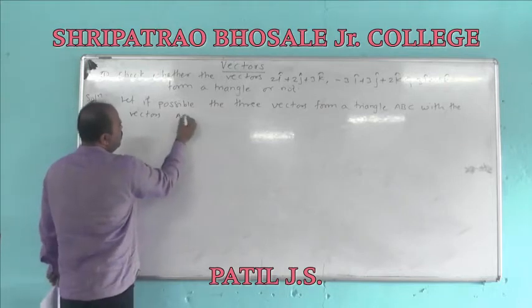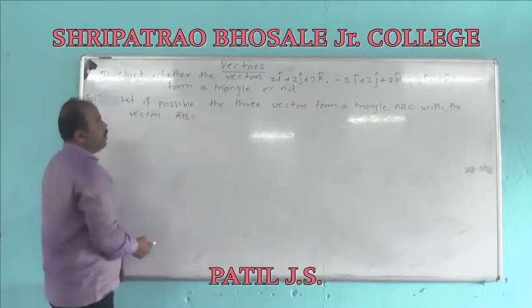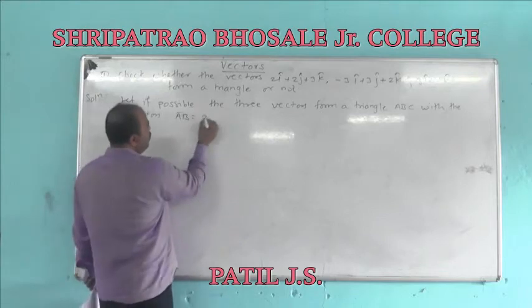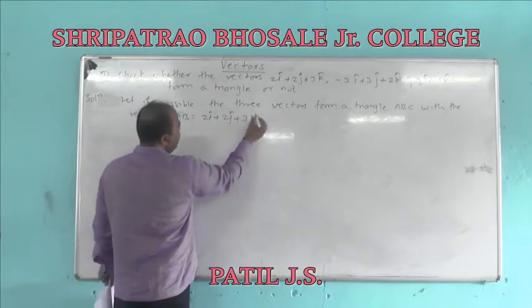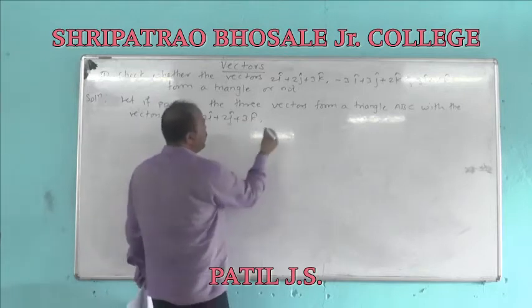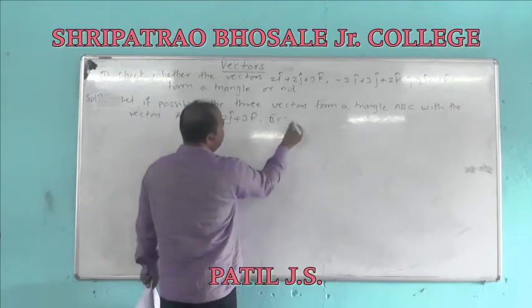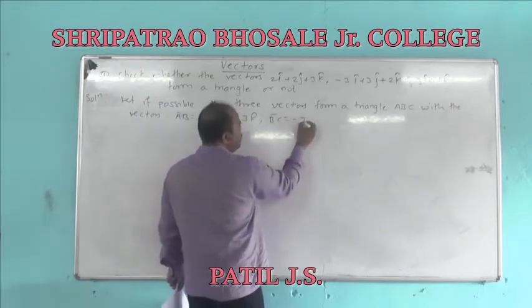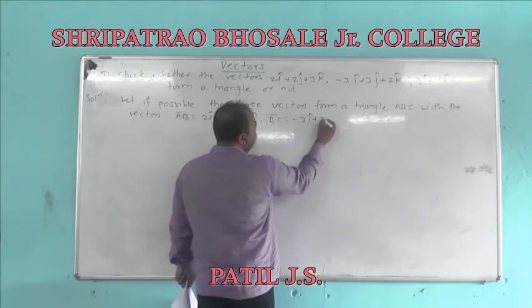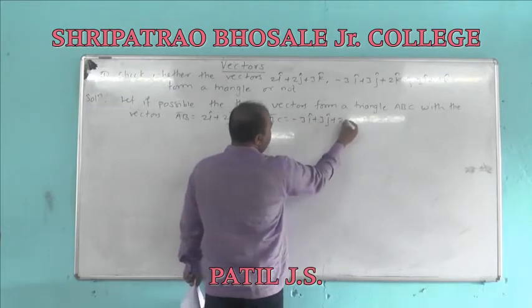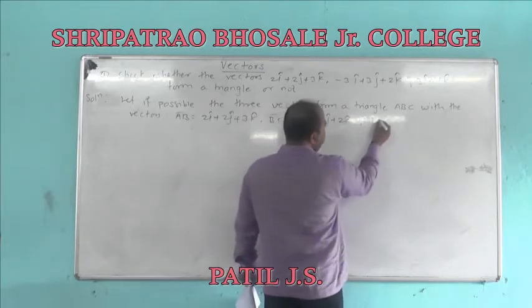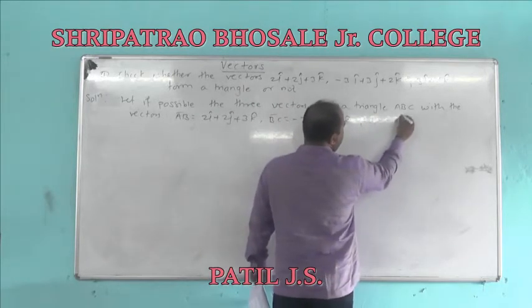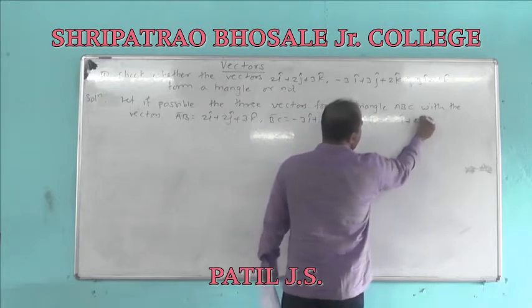First is AB, that means AB bar is equal to 2i cap plus 2j cap plus 3k cap. This is BC, equal to minus 3i cap plus 3j cap plus 2k cap, and this AC bar is equal to 3i cap plus 4k cap.